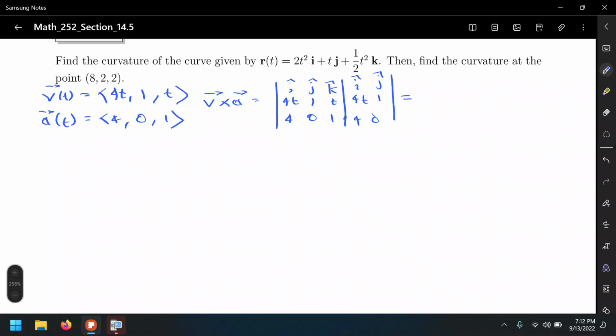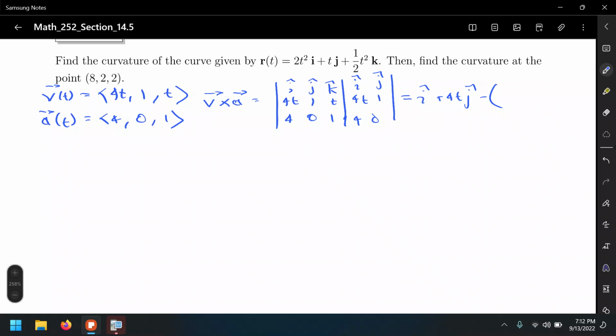Well, the products along the main diagonals: that's i times 1, that's i. j times t times 4, that's plus 4t times j, and 4 times 4, k times 4t times 0, well, that's a 0. I'm not going to write the 0 this time. And then subtract the products of the secondary diagonals.